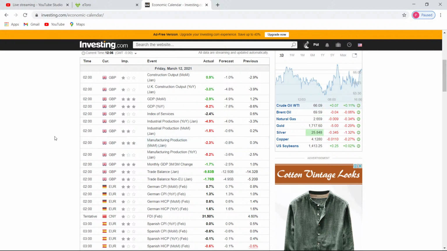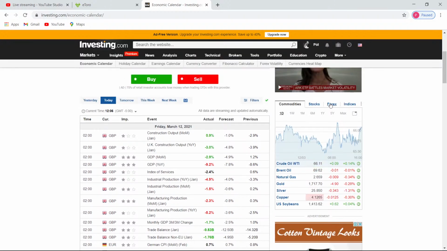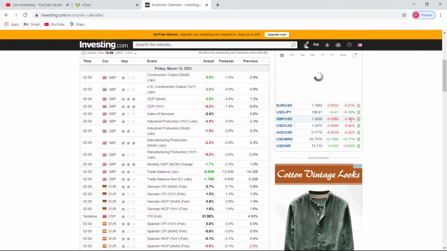Due to the fact that the US dollar was appreciating, and you had these terrible manufacturing numbers from Great Britain, the Great British pound US dollar currency pair fell by roughly 100 pips. It has regained some of its value, but it has still been hammered. We're still minus 0.45, but it was down roughly 100 pips earlier today. That was the main reason why that currency pair fell so significantly.